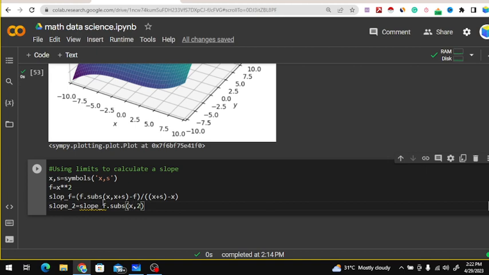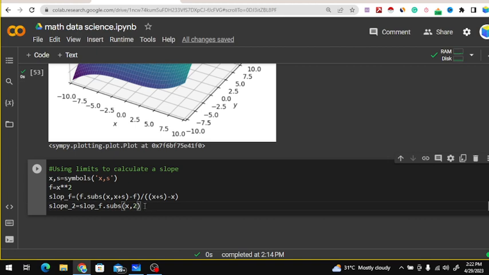We are putting a value of 2, and the output calculates the slope at x equal to 2.